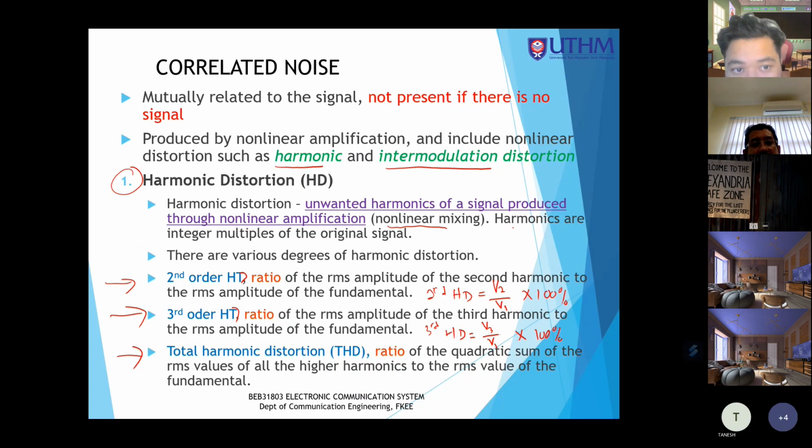If you look here, what is the keyword from this definition? For harmonic distortion, it is unwanted harmonics of a signal. That means there is only one input signal, due to the one input signal.